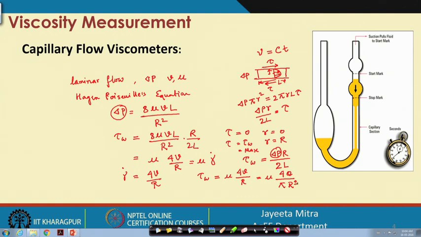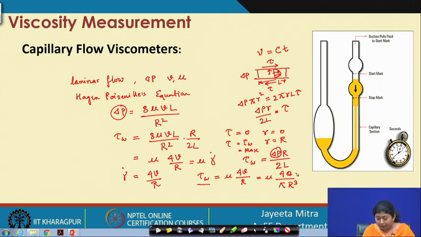Now we are able to make a relation of shear stress with respect to volumetric flow rate Q or velocity, and from that slope we can get the dynamic viscosity mu.